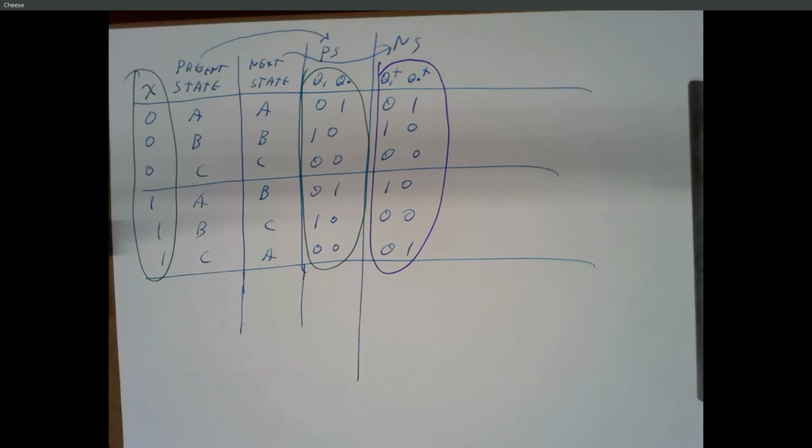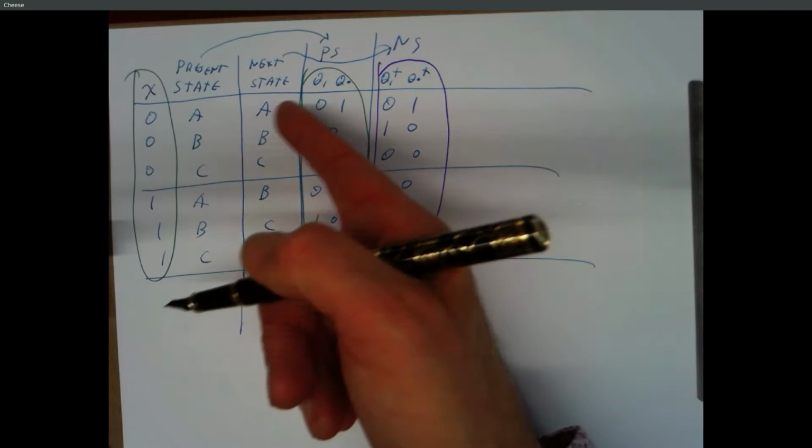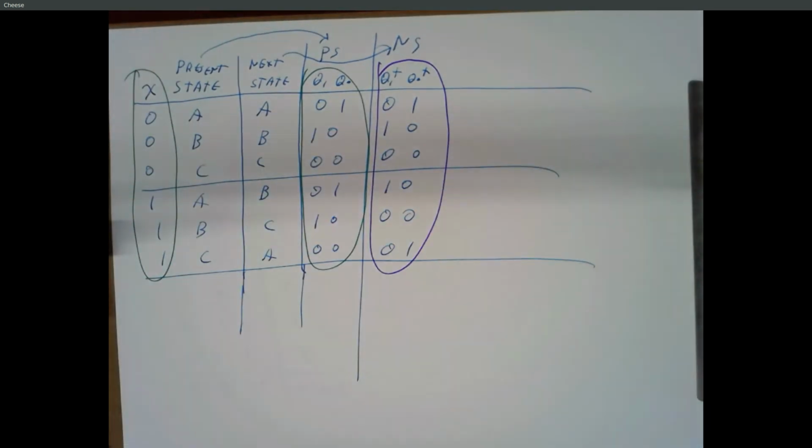Well, we've only got 3 states. And usually when we write truth tables with 3 things on the left, we've got 8 rows. So we're missing 2 rows. What combinations of x, Q1, and Q0 aren't on here yet?